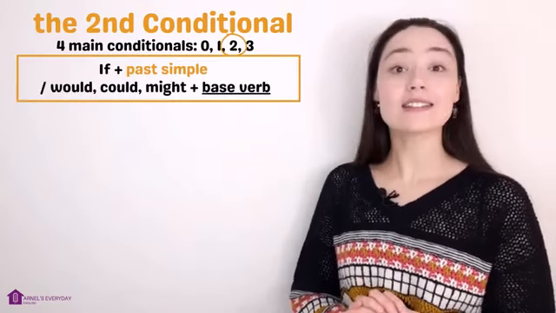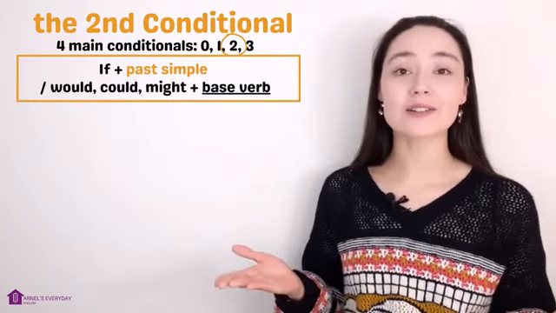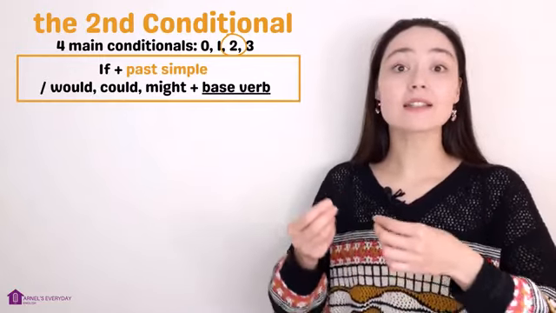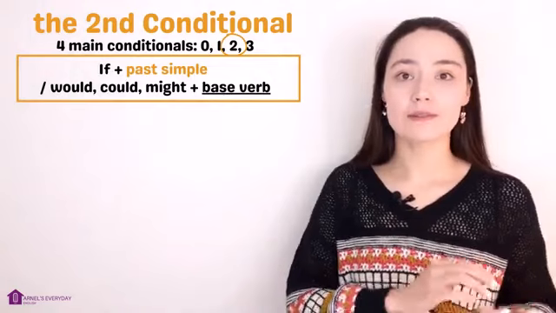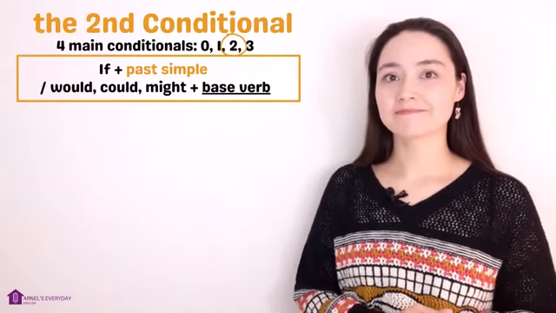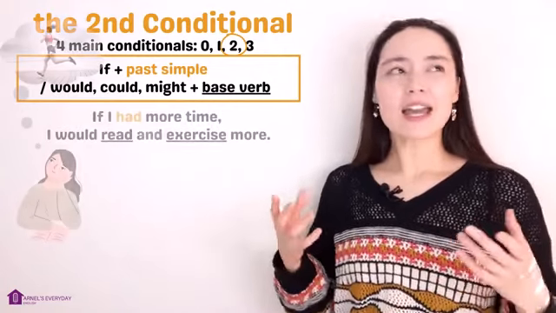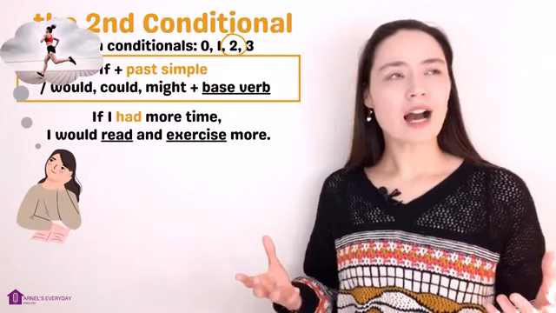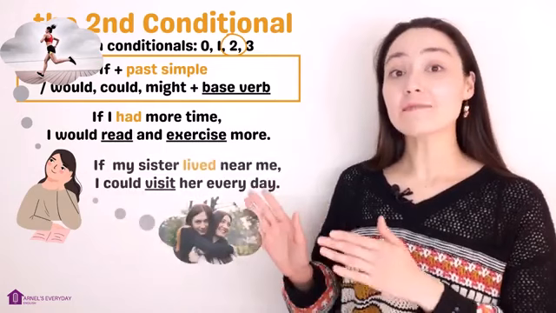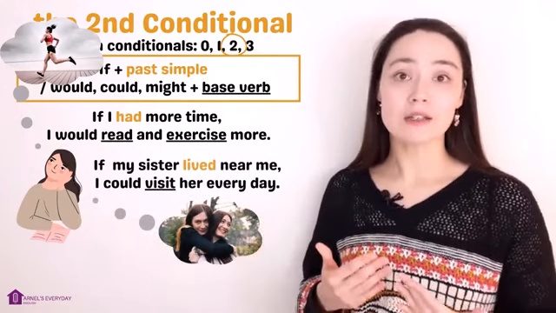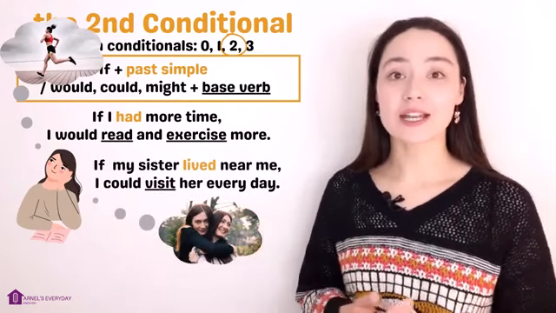Okay, second conditional. What's the structure? If plus past simple, would, could, might plus base verb. If I had more time, I would read and exercise more. If my sister lived near me, I could visit her every day.